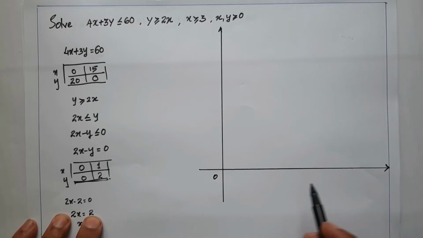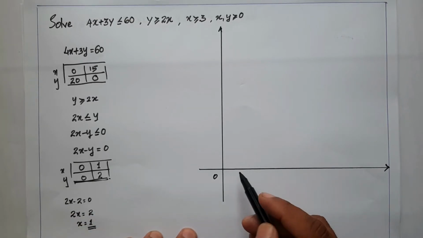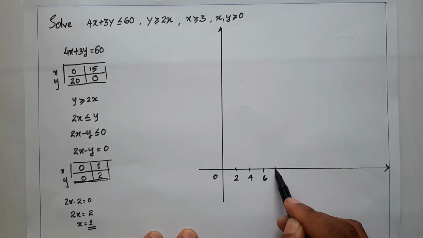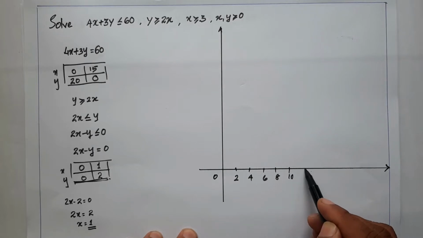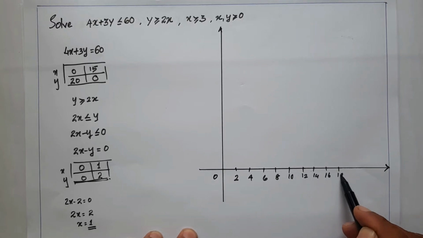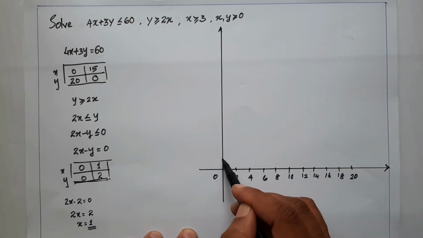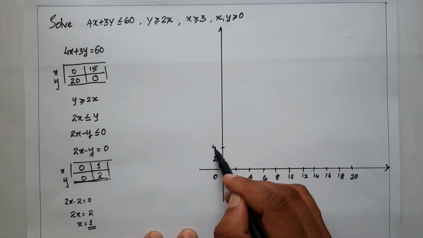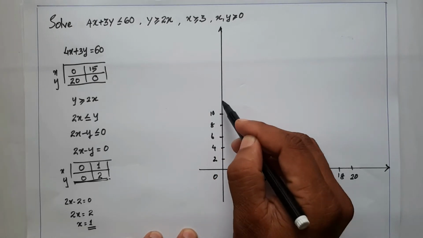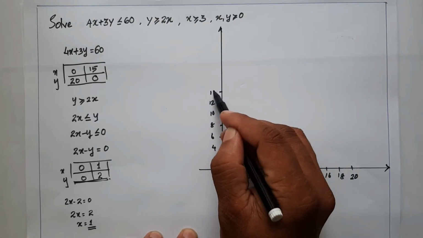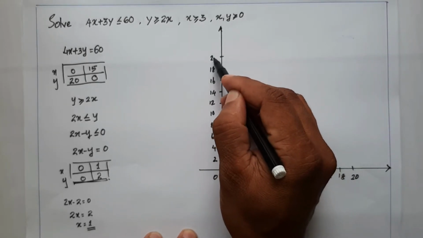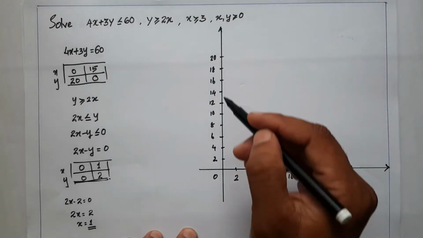Direct plotting is very difficult, so you take the scale as 0, 2, 4, 6, 8, 10, 12, 14, 16, 18, 20. Our first point is 0, 20.